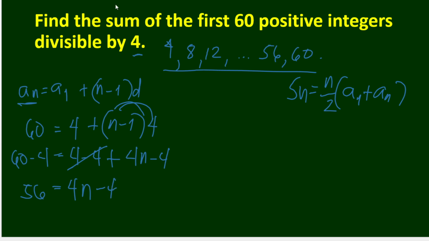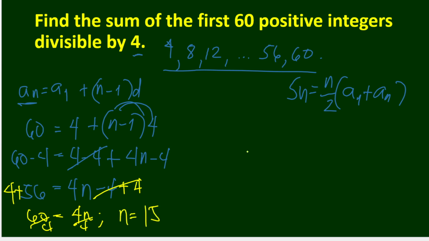And then we are going to add 4 sa bawat sides para maalis yung 4 dun sa kabila para makancel natin. So we have 60 is equal to 4n. So since 4n, i-divide natin sa 4 both sides yan. So we have 60 divided by 4. This will give us n is equal to 15. So we have S of n is equal to 15 over 2 times 4 plus 60.